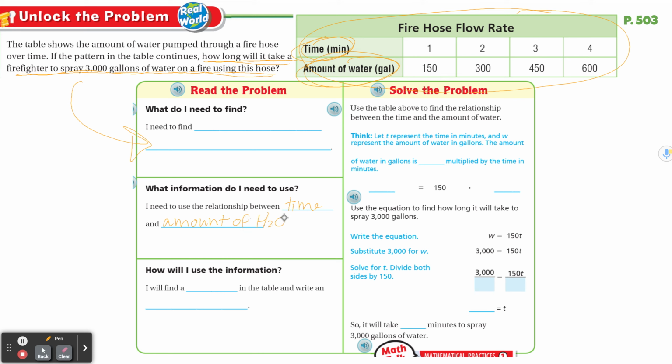All right, so we need to think about, how are we going to use this information? Well, I'm going to think we can look at the pattern, what's happening in these numbers, and we could write an equation to help us solve the problem. So we're going to find a pattern in the table to write our equation.